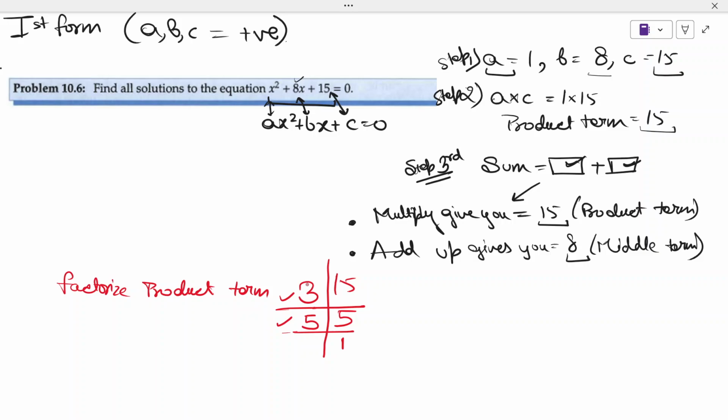Now the first combination is when we add these two factors, 3 plus 5, 8, and multiply these two factors, 3 into 5, 15. So this combination satisfies our condition. Multiplication gives you 15 and addition gives you 8.